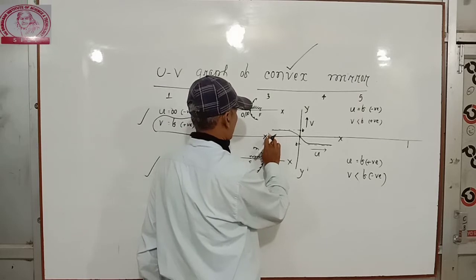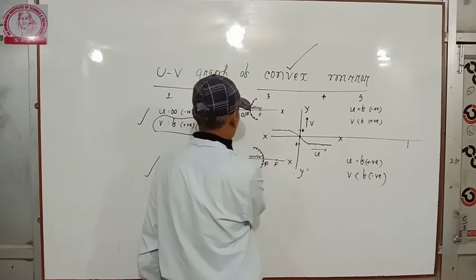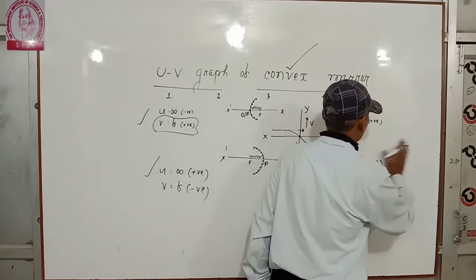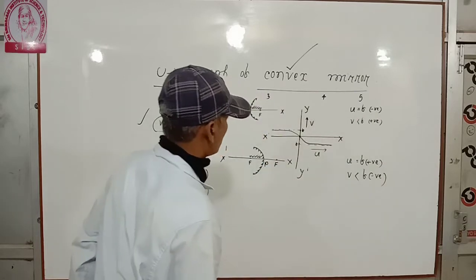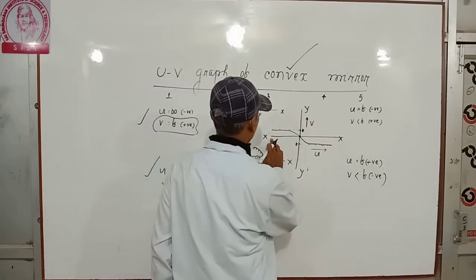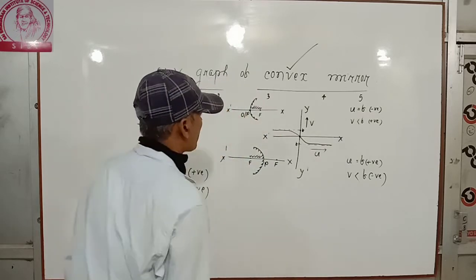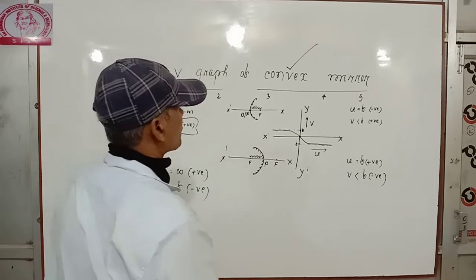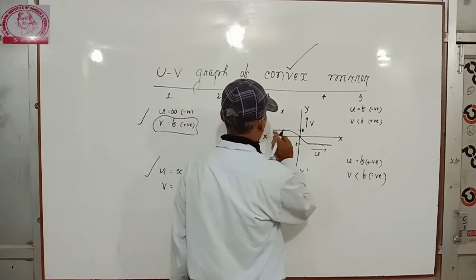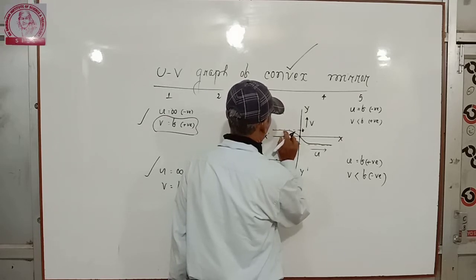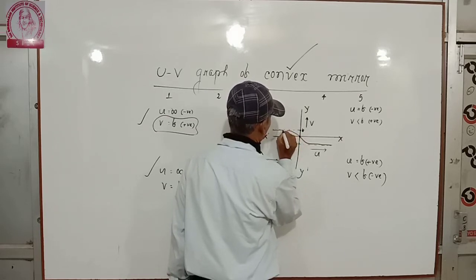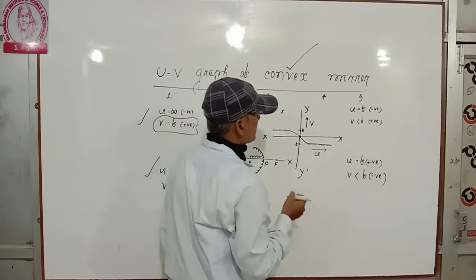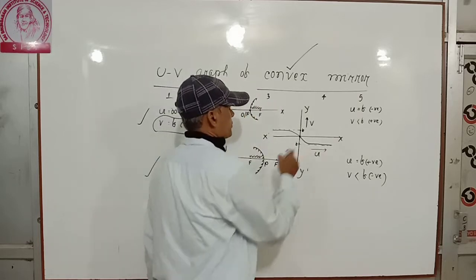Now this is the UV graph of convex mirror. Keep in mind, in convex mirror, the UV graph, the curve generates in the second quadrant and fourth quadrant.